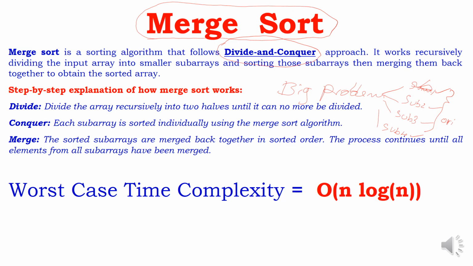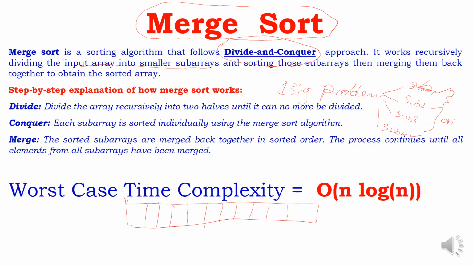So it works recursively, dividing the input array into smaller subarrays. A bigger array may contain unsorted elements, and these elements are divided into so many subarrays.